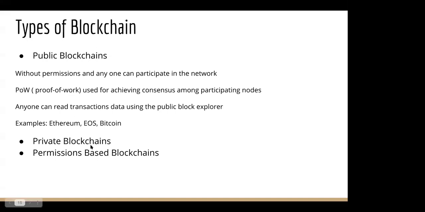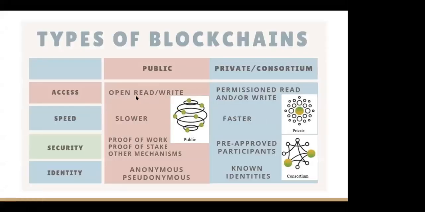But there are private blockchains also, where it is permissioned. If you see the difference here, public and private, access is open to everyone in public, but in private chains access is permissioned. You need to take permission from some entities in private chains to do a transaction on that blockchain. Considering it's an open network, usually public blockchains are slower, and private blockchains are even faster, because only a few entities are actually controlling the blockchain.